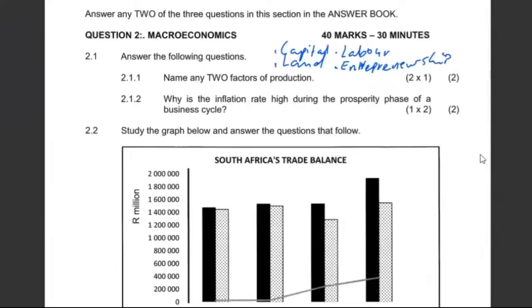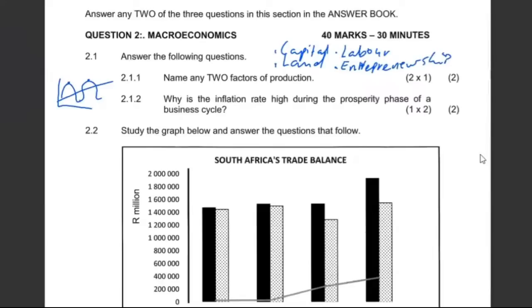Why is the inflation rate high during the prosperity phase of a business cycle? So now grade 12, if you still remember, when we talk of a business cycle, we refer to the fluctuations of the economic activities, or the downswings and upswings of the economic activities.